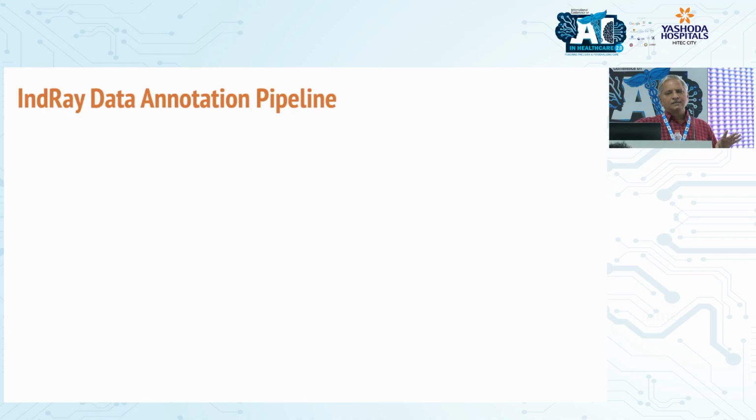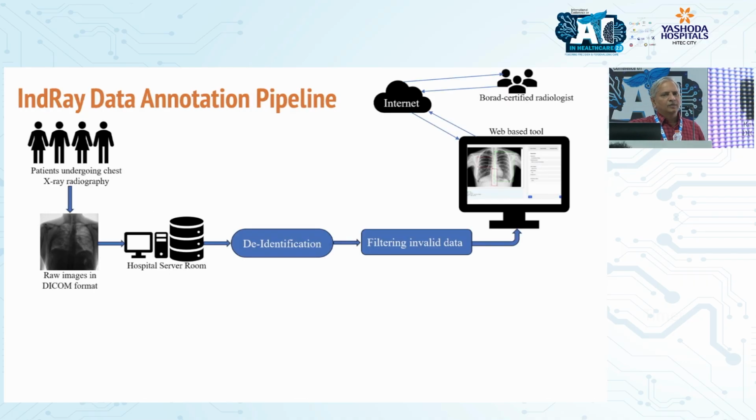Next slide tells you the annotation workflow that we are following. This is an annotation workflow that is designed based on open source tools at IIIT, where we take the images from the hospital server, de-identify, anonymize, filter, and have quality control by clinicians to see if this is useful or not useful.